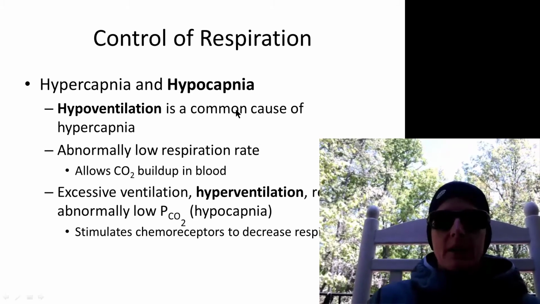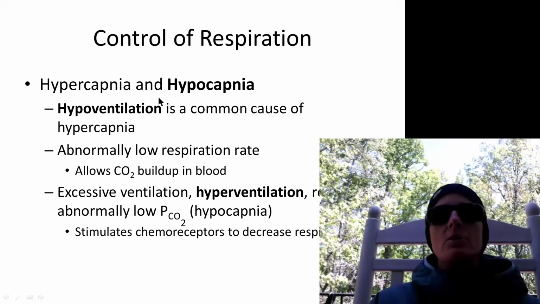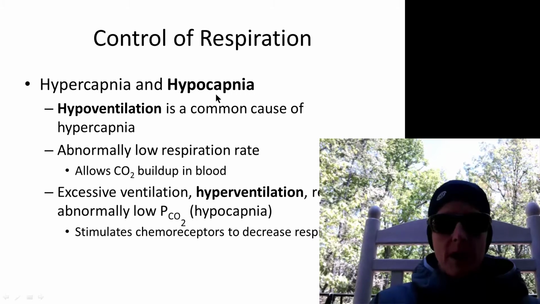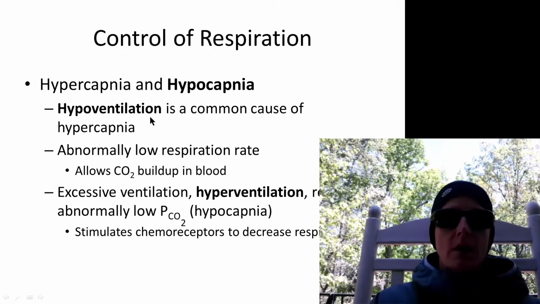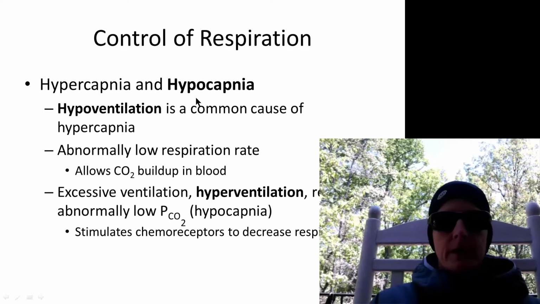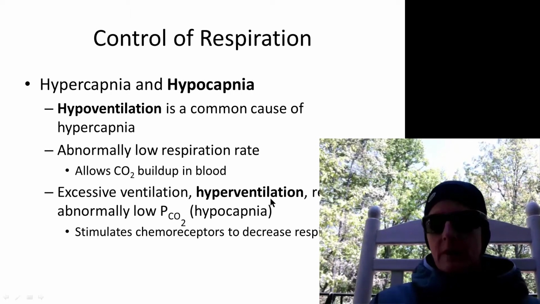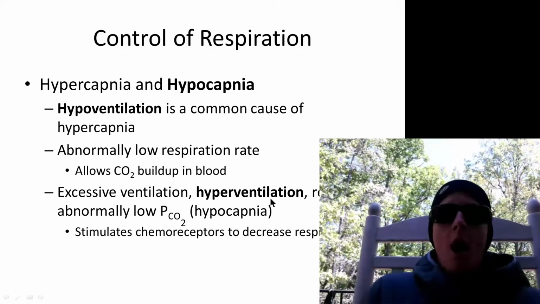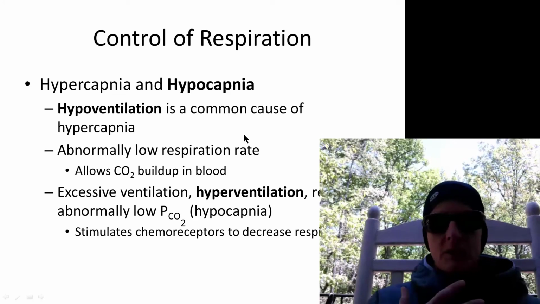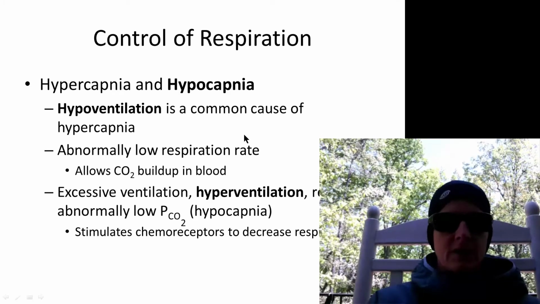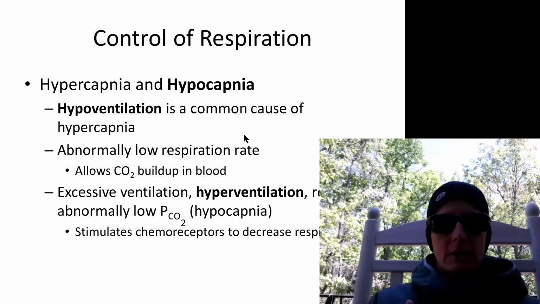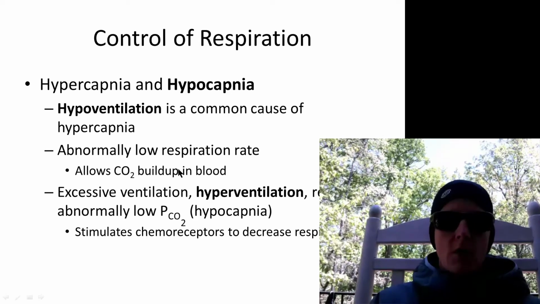Now, hypocapnia is too little carbon dioxide. Basically, hypocapnia comes from hyperventilation. If you are hyperventilating, what ends up happening is you breathe in a lot of oxygen and you're breathing away a lot of carbon dioxide.